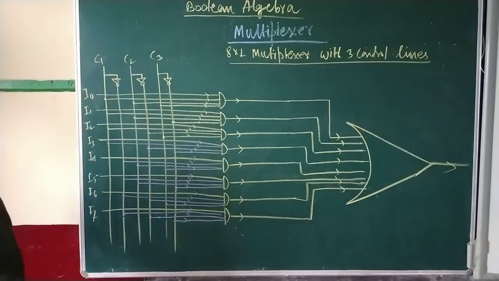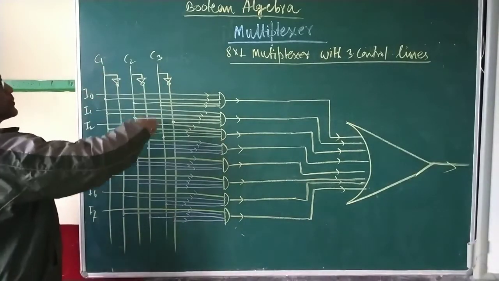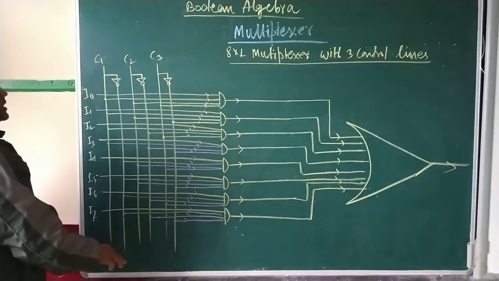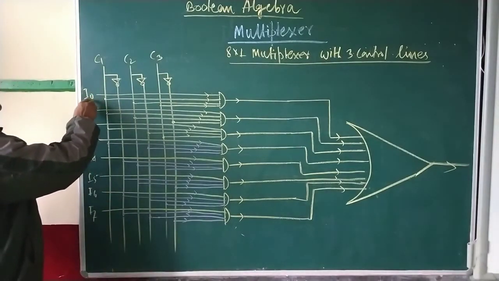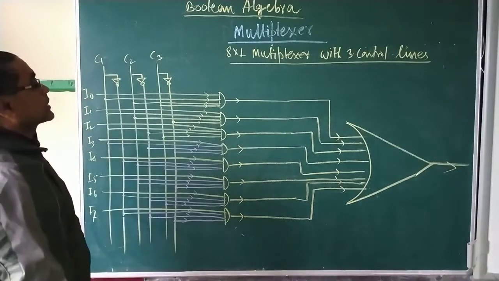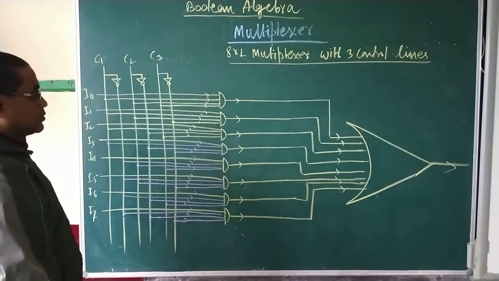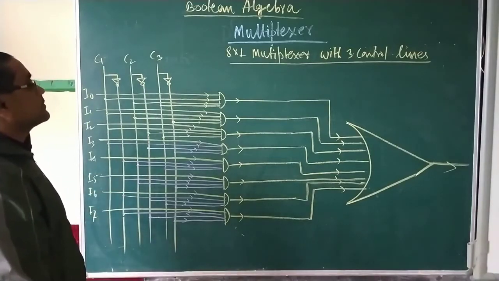And now here C1 complement, C2 complement, C3 complement, there are 3 coming. And now from the extra input line you are giving I0, I1, I2, like that we are giving input lines. Extra lines we are adding so that more channels can be added.